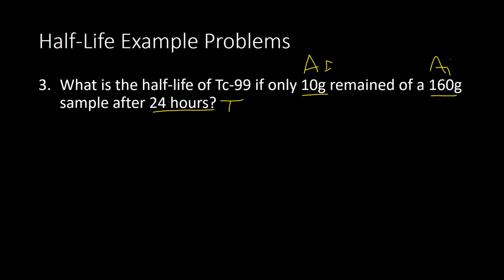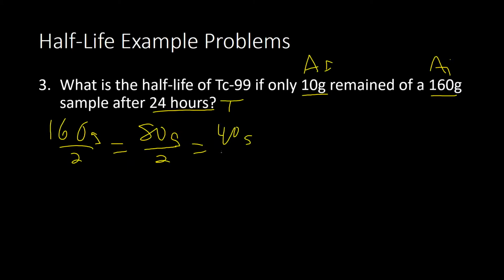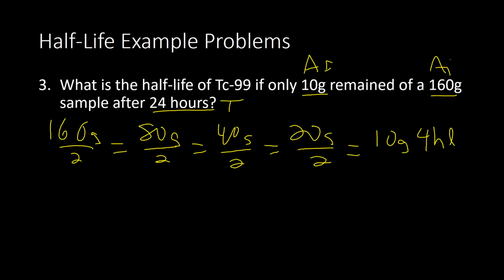So 160 grams divided by 2 is 80 grams, divided by 2 is 40 grams, divided by 2 is 20 grams, divided by 2 is 10 grams. So that tells me that I've had 4 half-lives. So then I can take my 24 hours and divide it by 4 half-lives to figure out that each half-life is 6 hours.